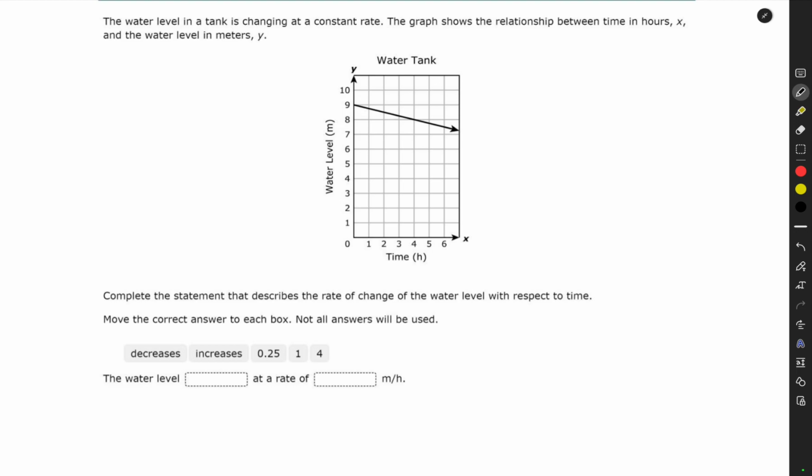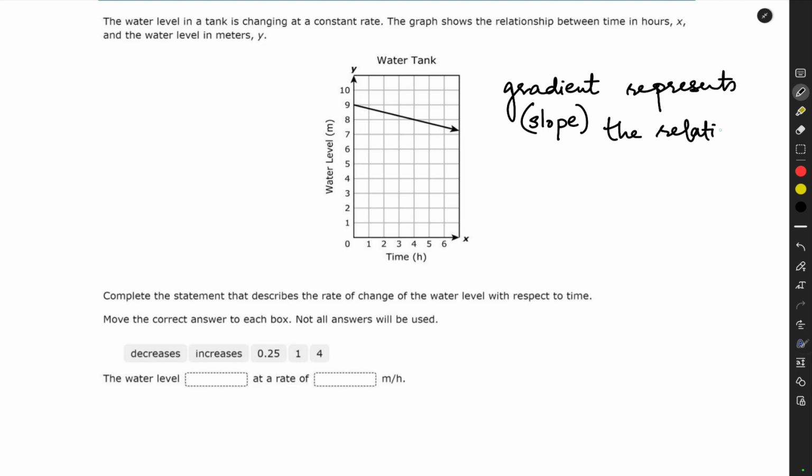All right, and let me tell you, the gradient, also called the slope, actually represents the relationship between water level and time.